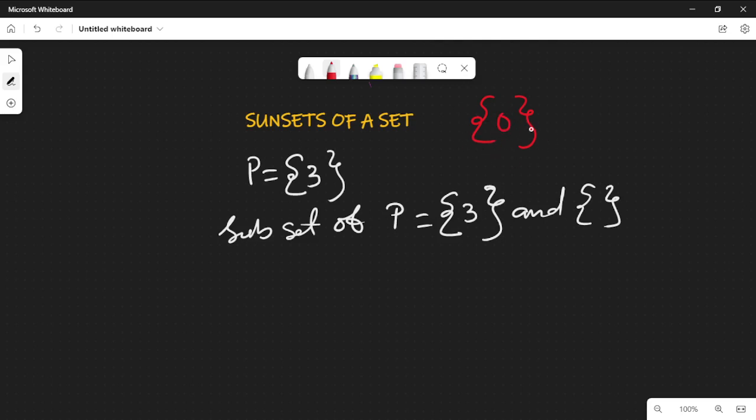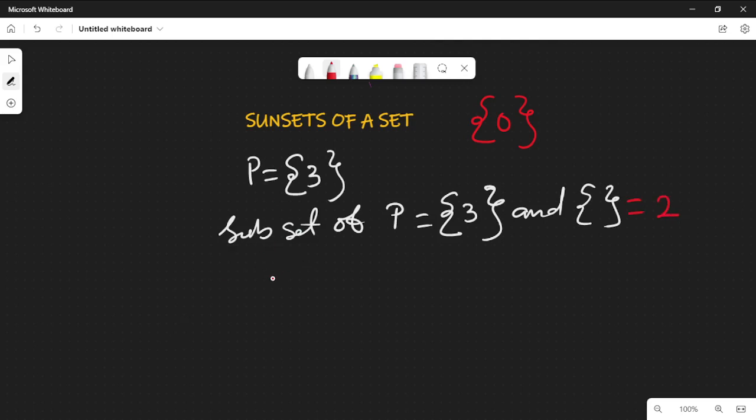But when you have something like this, it is an empty set. So if I'm looking for the subsets of P, P is a set of 3 only, so the subsets of it are 3 and the empty set. That means how many sets do we have? 1, 2. So the number of subsets of P is equal to 2. Do you understand that now?